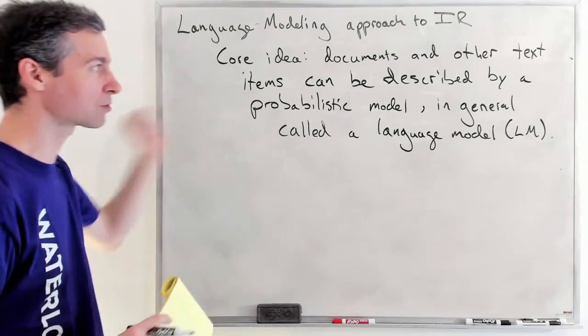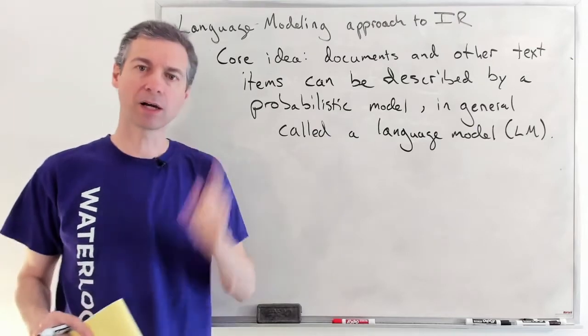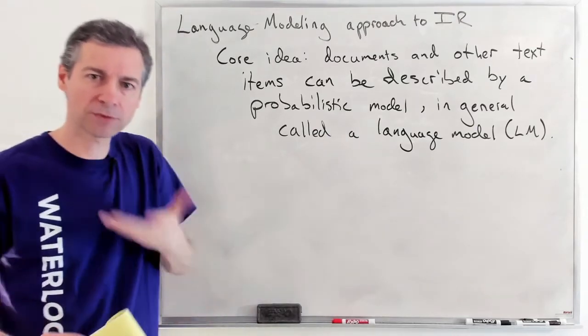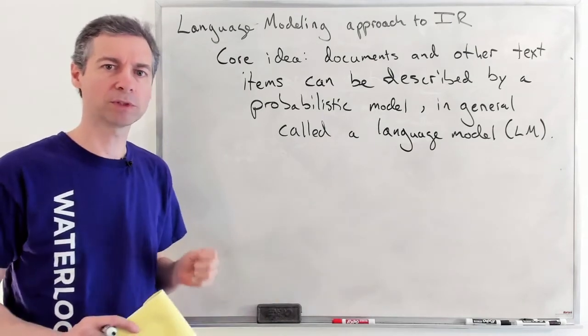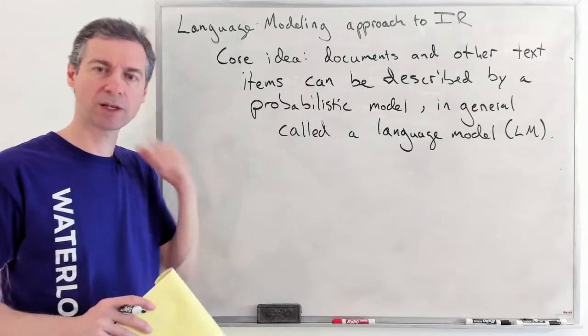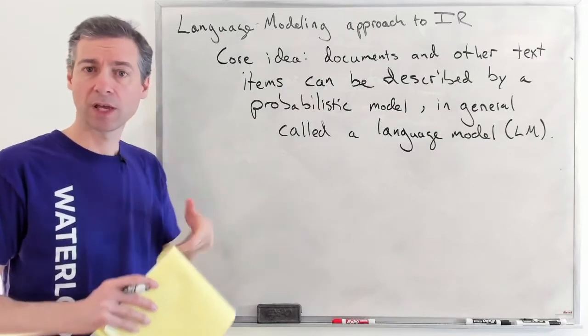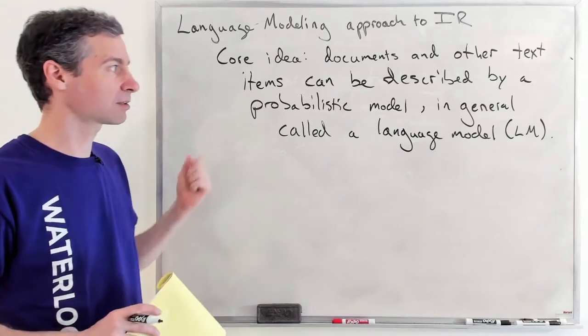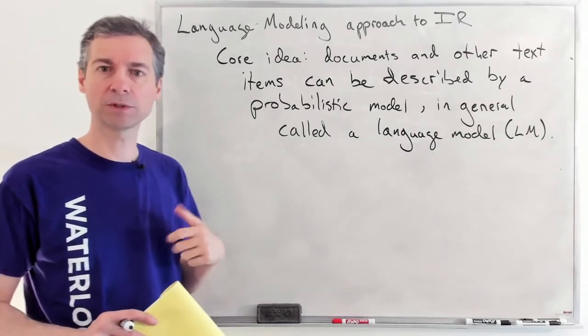Language modeling, one of its great appeals was, we'll start with pure probabilistic models, and from that we will get good ranking. And then maybe this theory that we have with probabilities will help us improve information retrieval performance. I think that's not been found to really be the case.